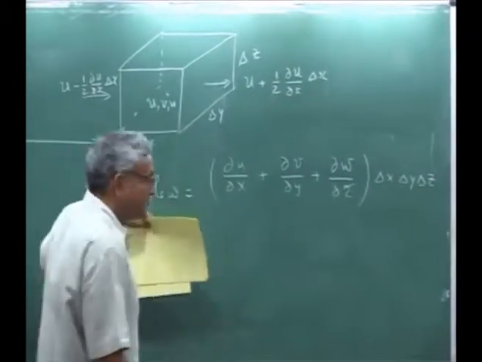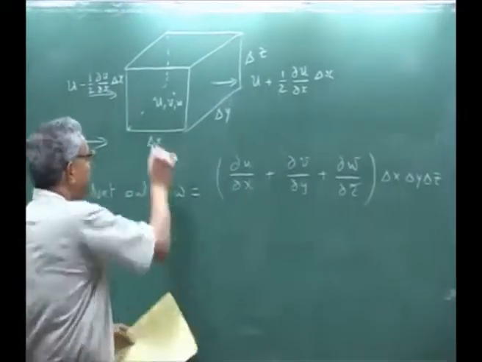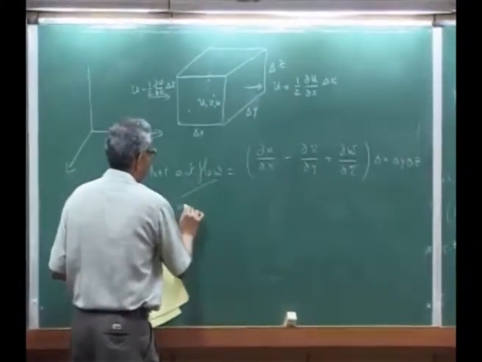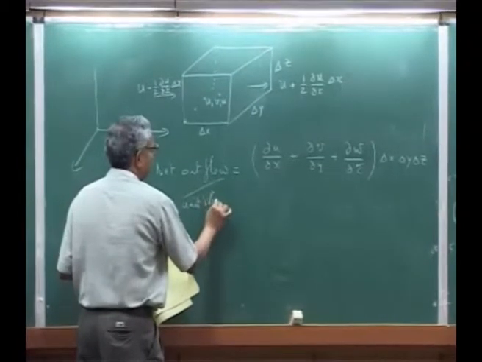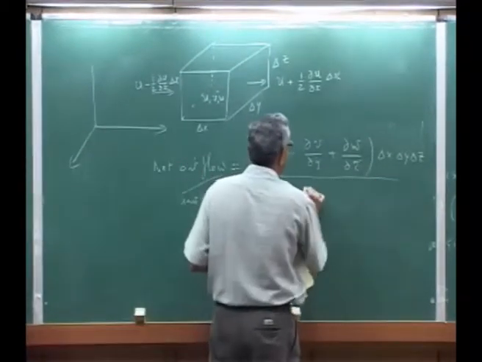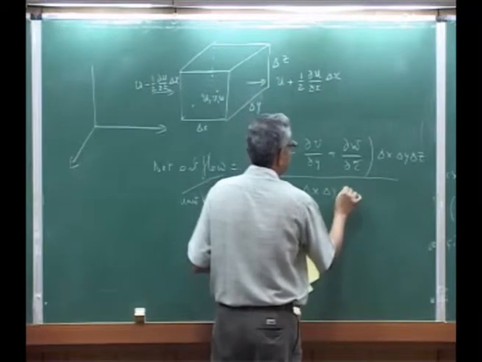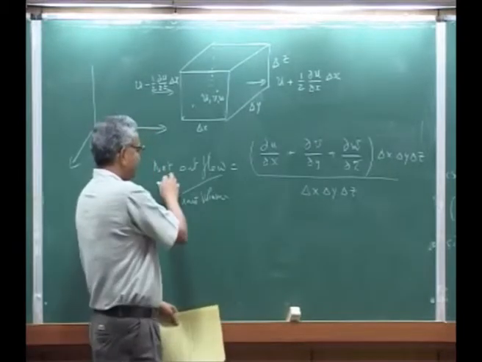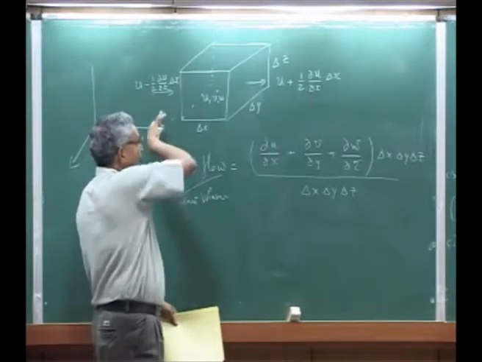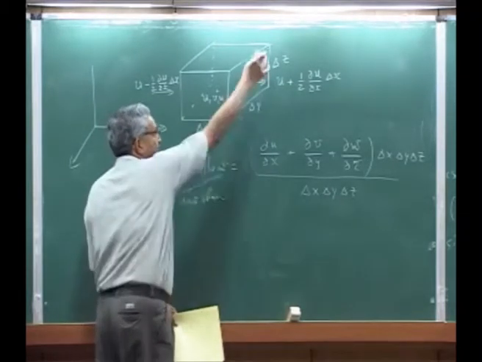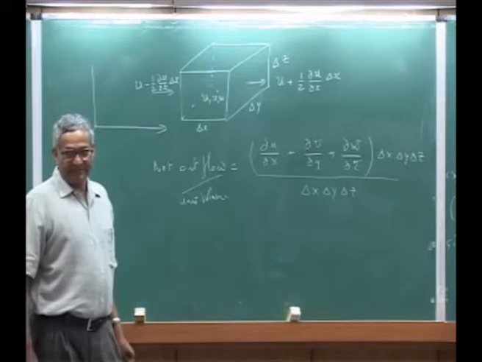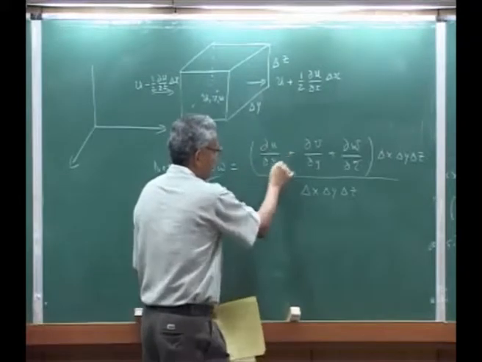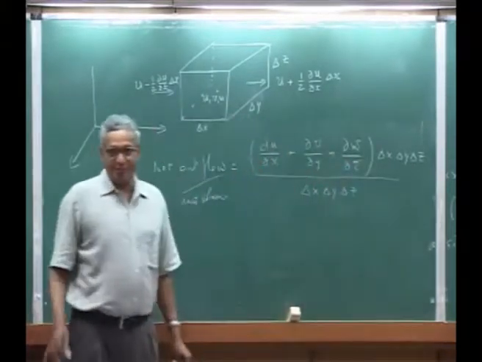Net outflow over this elemental parallelepiped. Now per unit volume, if you take net outflow per unit volume, you divide by again delta x, delta y, delta z. That means what we have obtained is whatever velocity into area is nothing but del u by del x plus del v by del y plus del w by del z for that volume.